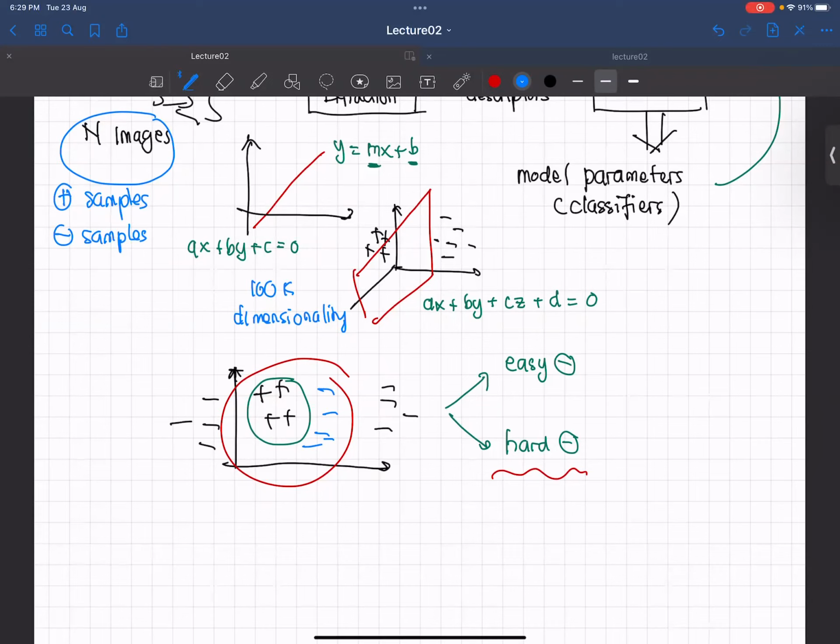So the training has to be exposed to hard negative as much as possible, so that in the testing we are not trapped by hard negative query samples. Okay? So that's why it is important. Hard negative is quite important in machine learning. Any questions so far? Okay, so that is the background of this training pipeline.